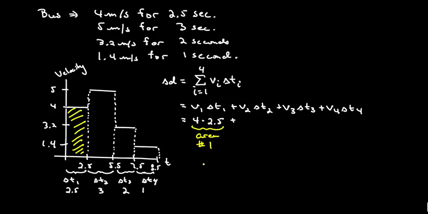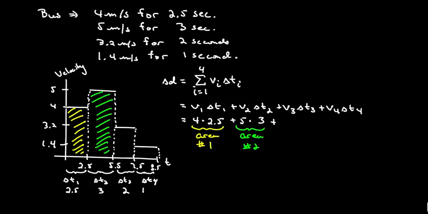To figure out how far its distance changed, we need to know the area underneath the velocity curve. Now velocity 2 is 5, and its change in time is 3 seconds, so that computation is this area right here, area number 2.